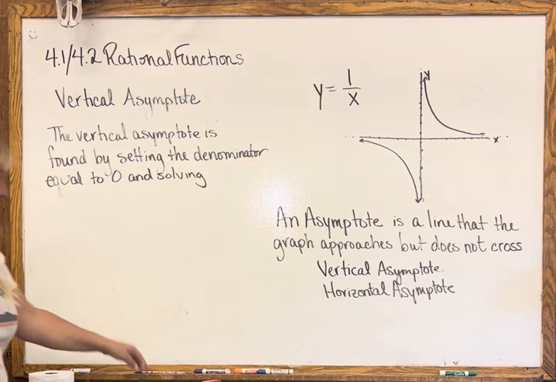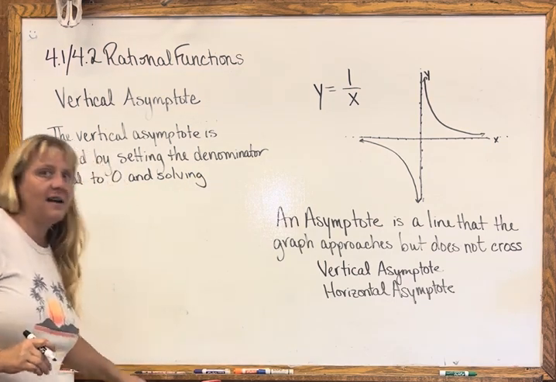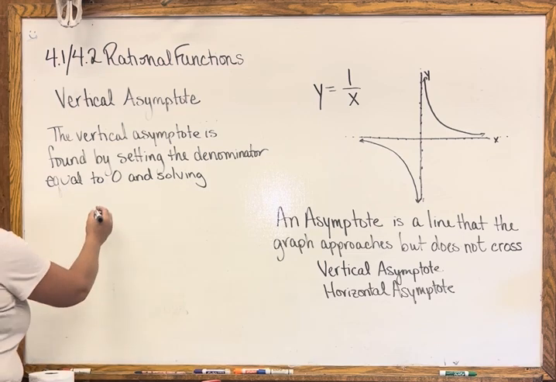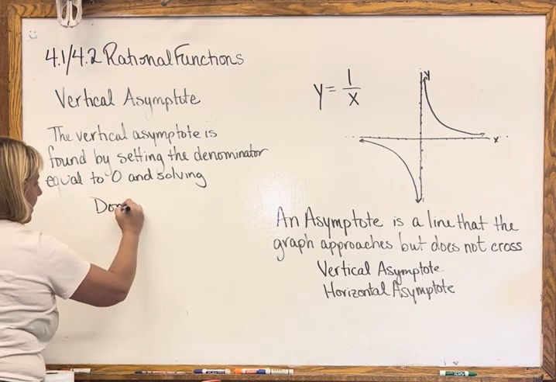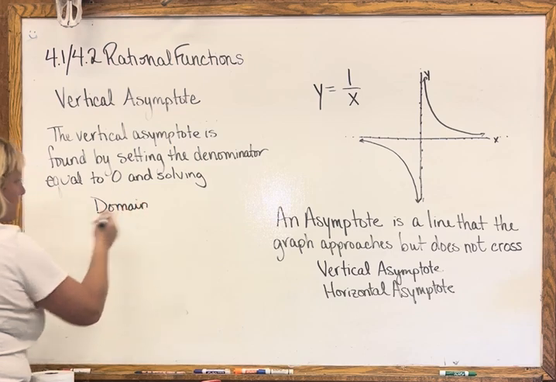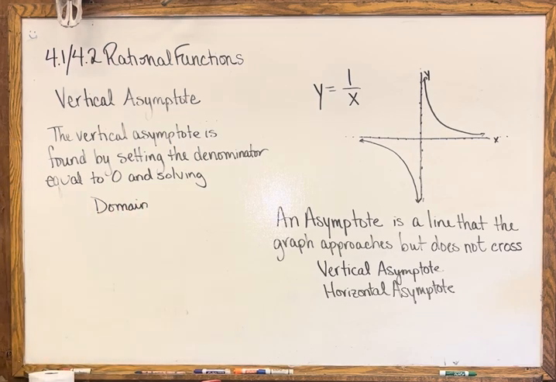So truth be told, the vertical asymptote is going to come from our domain. Okay, so from our domain, that's where we're going to see that vertical asymptote pop up.